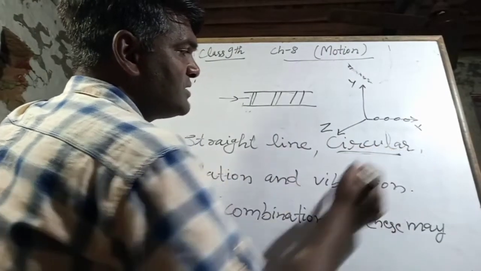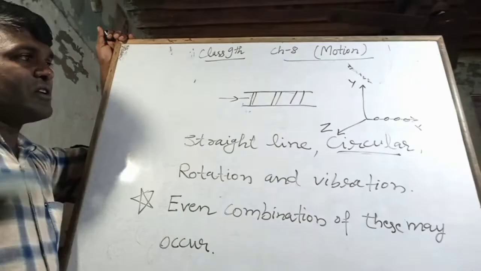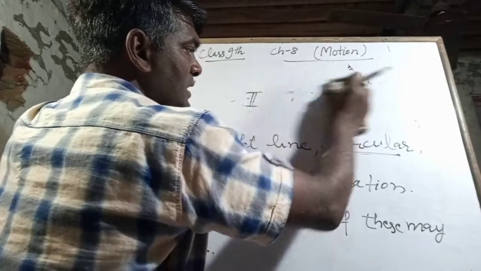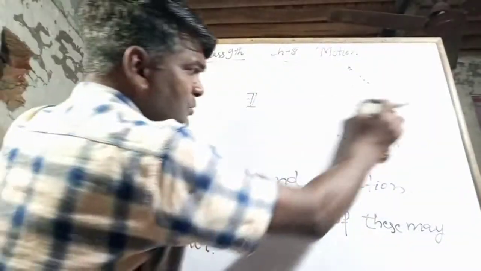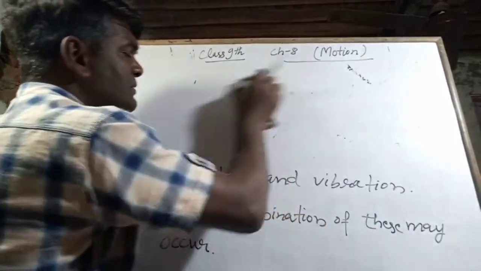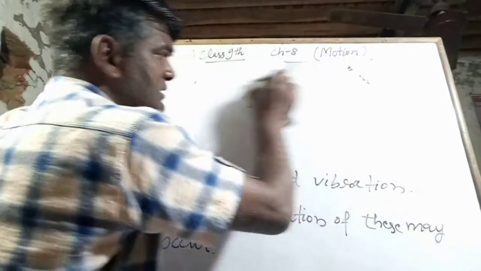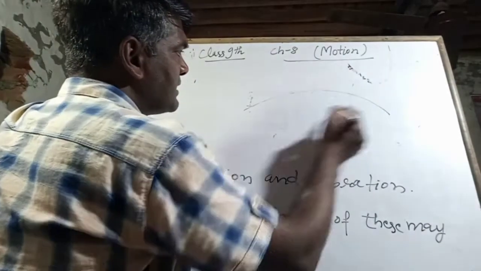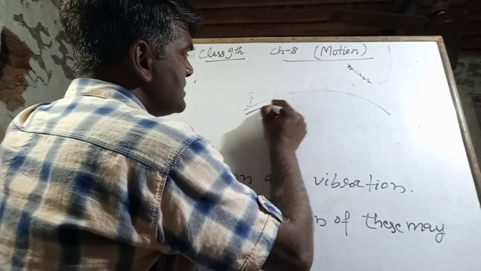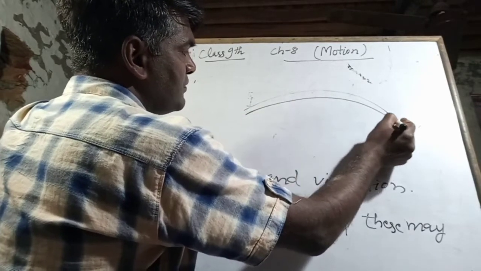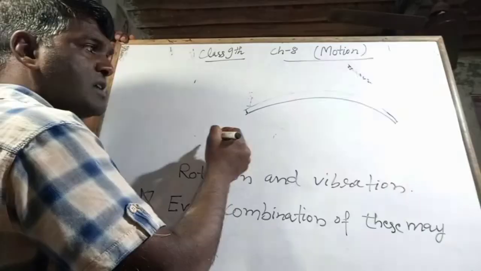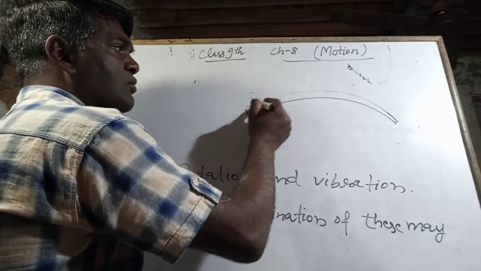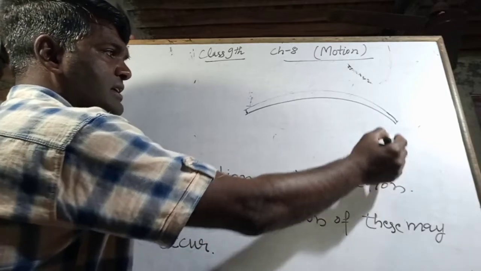What do you mean by circular motion? The path of circular motion is, you can say, a curved path. The path is curved like that, and the object is moving along it.